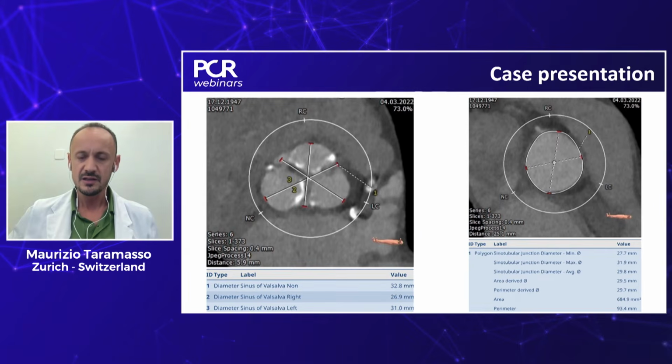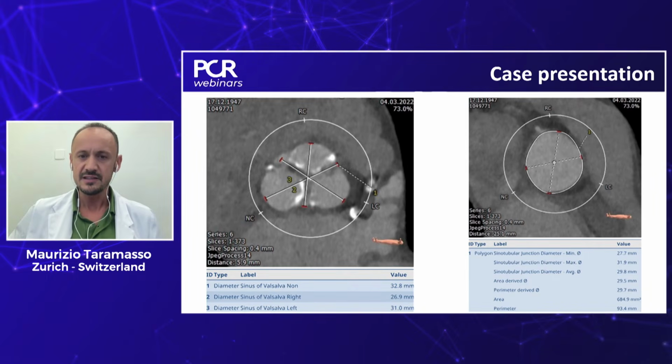Next slide. You see here the tricuspid configuration of the valve with calcific leaflets, not as heavily calcific as the case that Nico showed us before. And you also see the STJ here, which is not calcific as well. So I would say a really nice anatomy for TAVI.